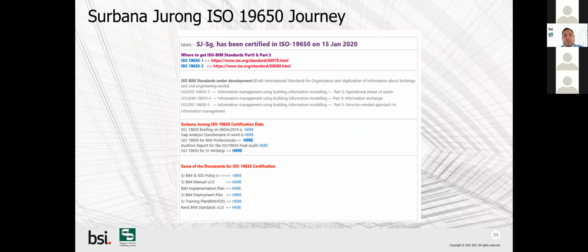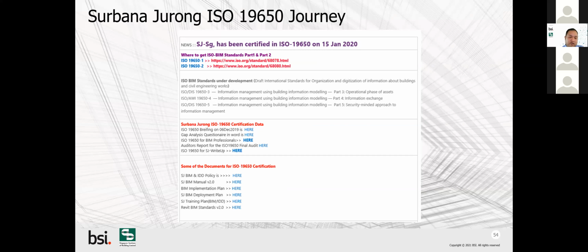So the purpose of this documentation is that when we start a project in Singapore, there are a lot of flavors of BIM. You have BIM, you have VDC, you have IDD, and so on and so forth. So how do we implement ISO 19650 into those different flavors of BIM?